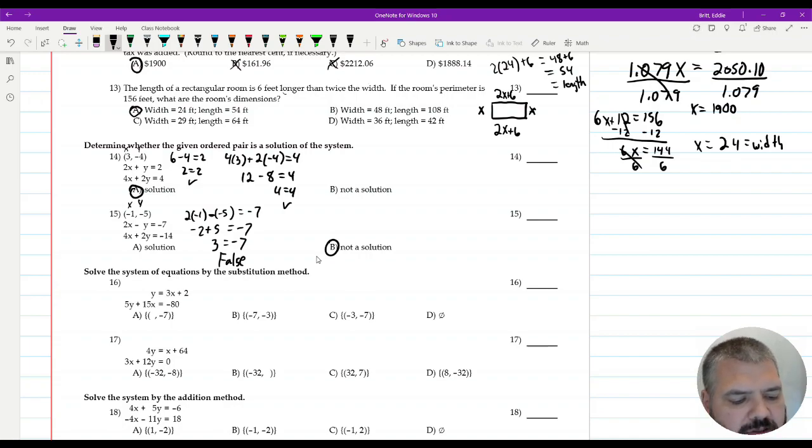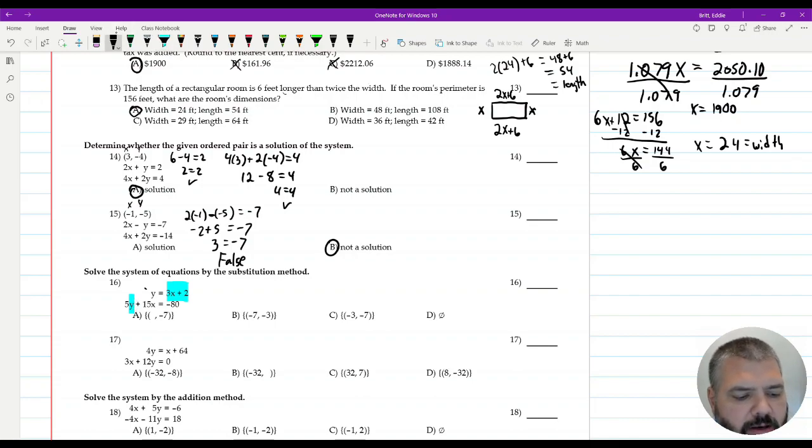All right, number 16 says to solve by the substitution method. For the substitution method, we want to get one of the variables by itself, with a 1 in front of the variable. If I look at my two equations, I already have y solved for in my first equation. So we want to take this 3x plus 2 and plug it in parentheses for my y in my other equation.